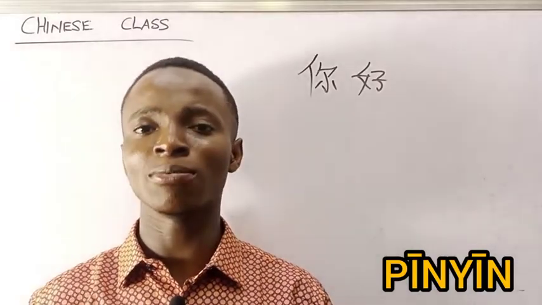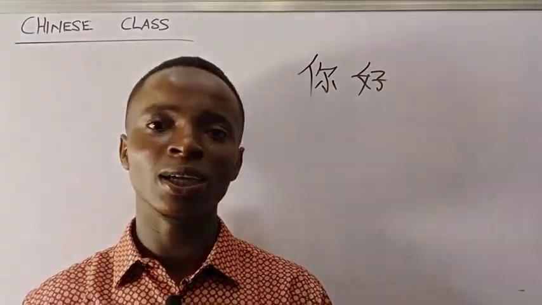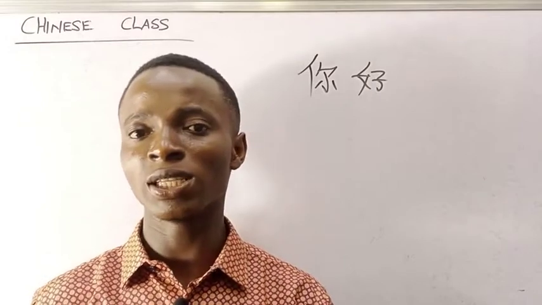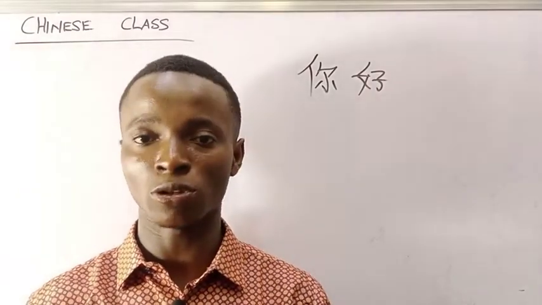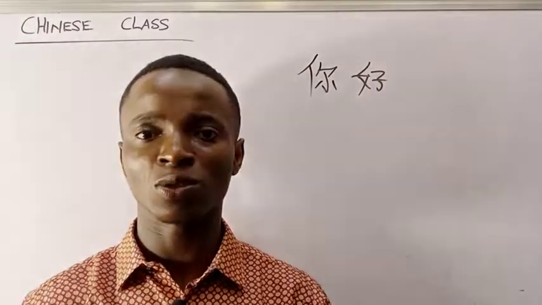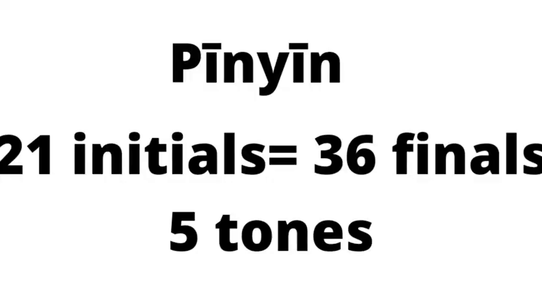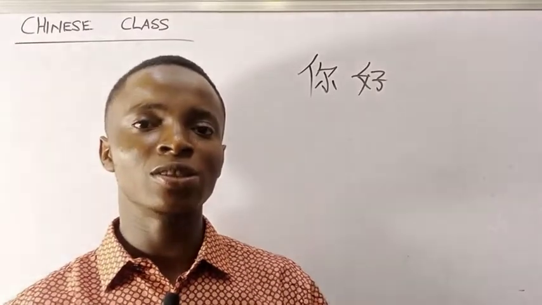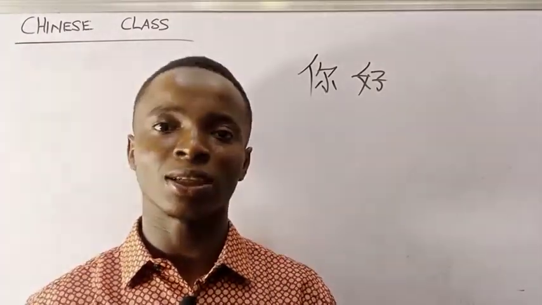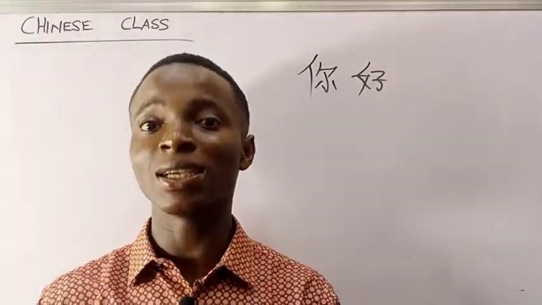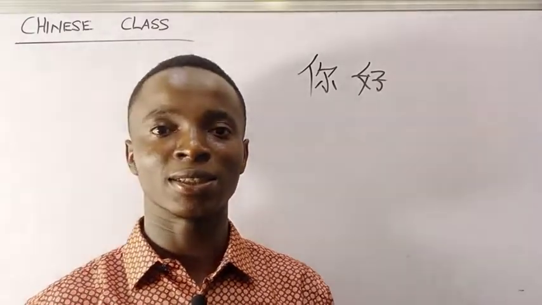And what does that pīnyīn mean? Pīnyīn is a combination of initials, finals, and tones. In Chinese, we have 21 initials, 36 finals, and 5 tones. So, let's use the two characters written on the board to practice the pīnyīn, and then we'll proceed.